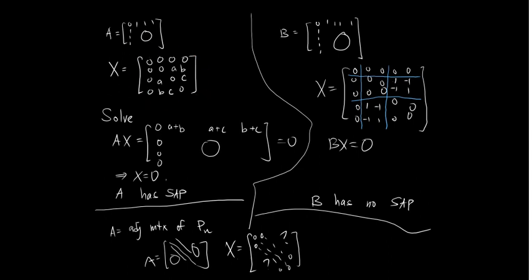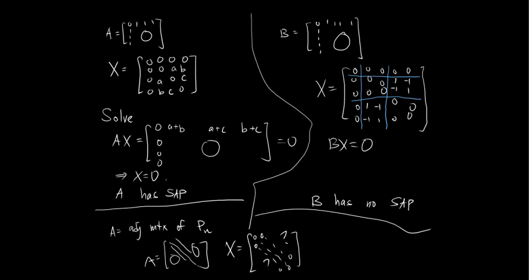I∘X tells you that the diagonal entries of x have to be 0. A∘X tells you that these entries have to be 0. So the only case is that x has to be a symmetric matrix such that there are some possibly non-zero variables on these entries.